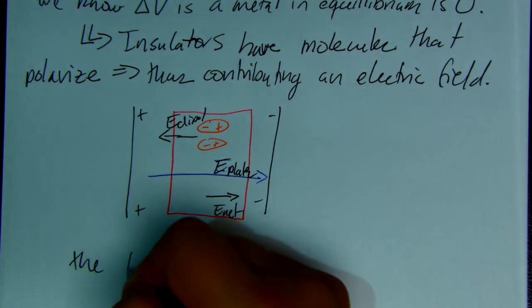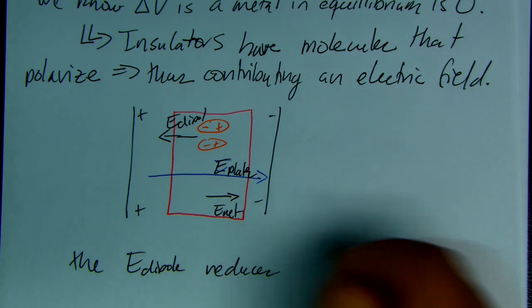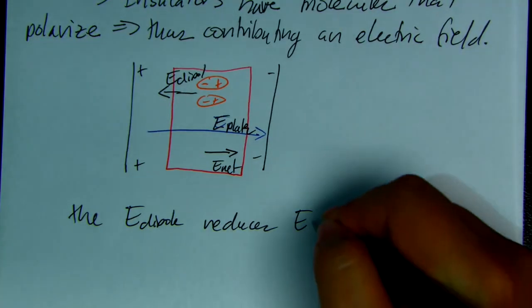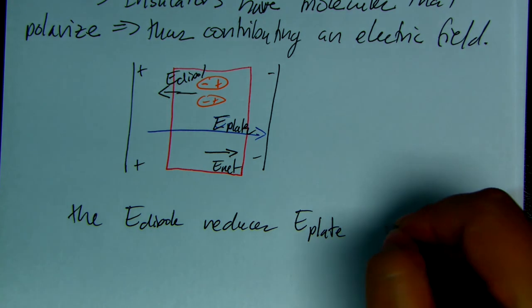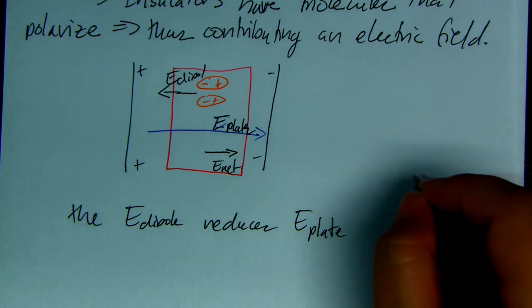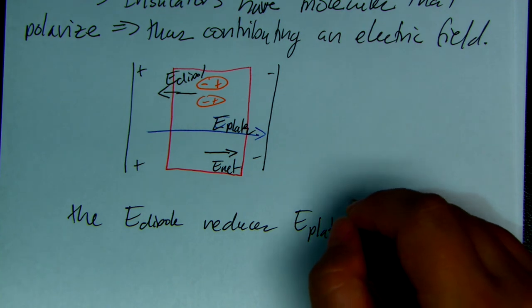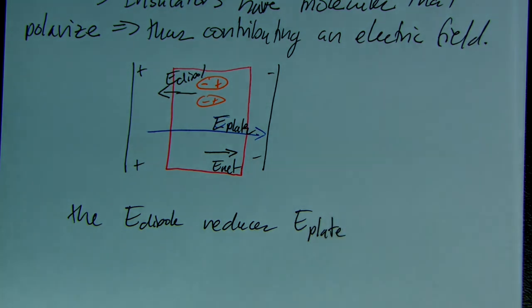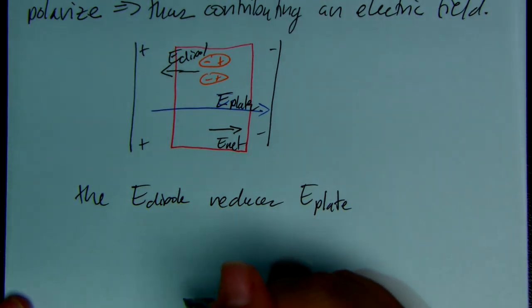So the E dipole reduces E plate. So you get a smaller net field. And this is related to the alpha, the dielectric constant, which is the weakening factor.